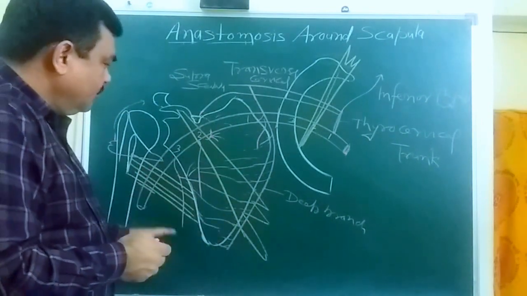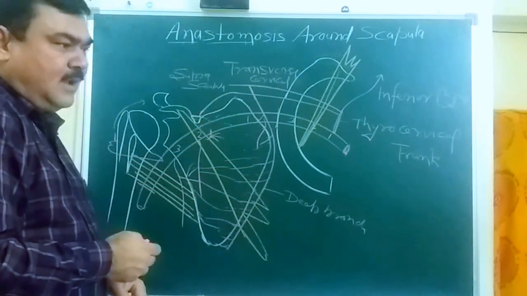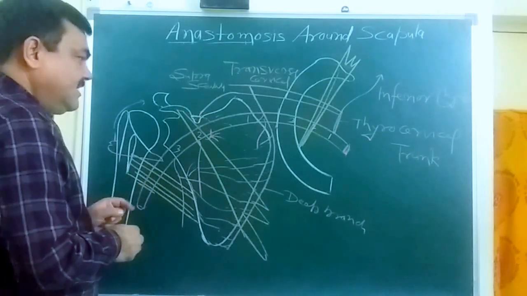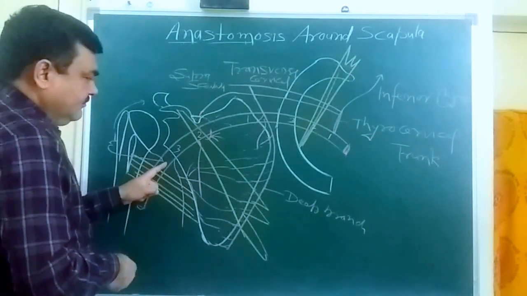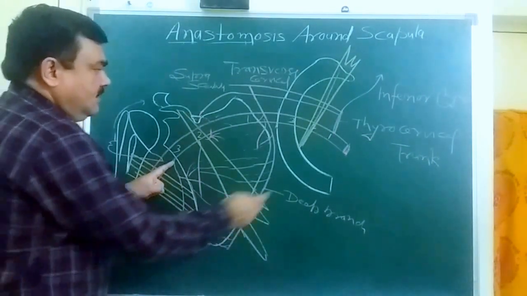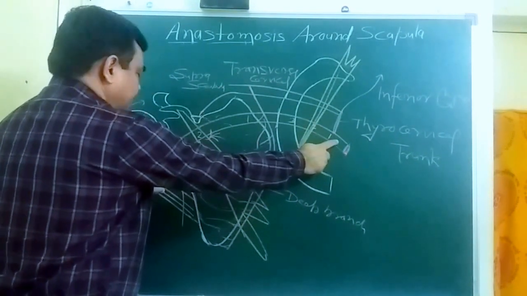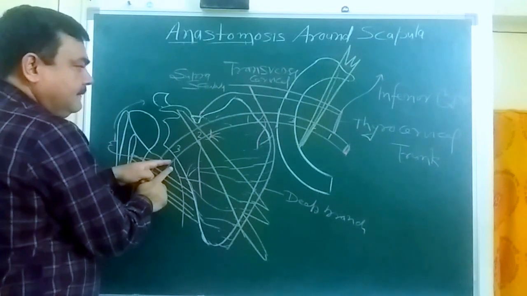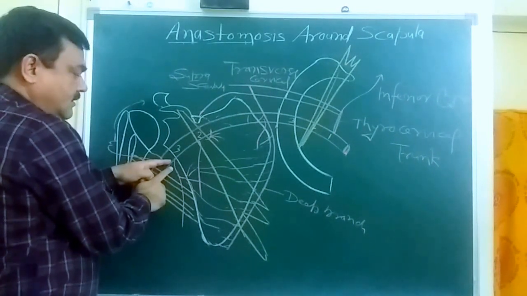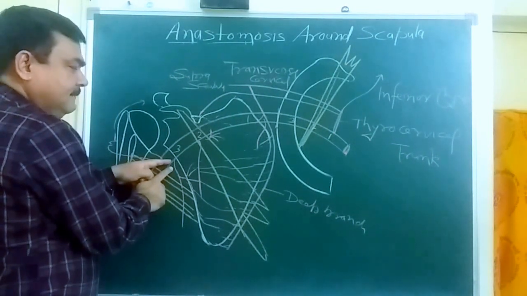So this is the anastomosis around the body of the scapula. Actually, this anastomosis is between the first part of the subclavian artery and the third part of the axillary artery.